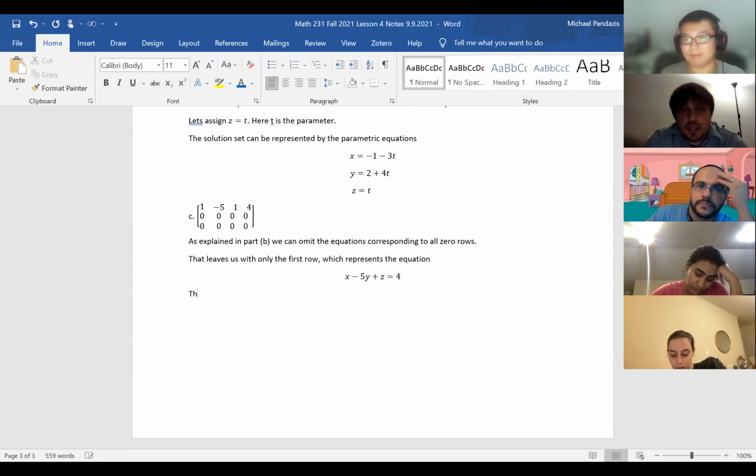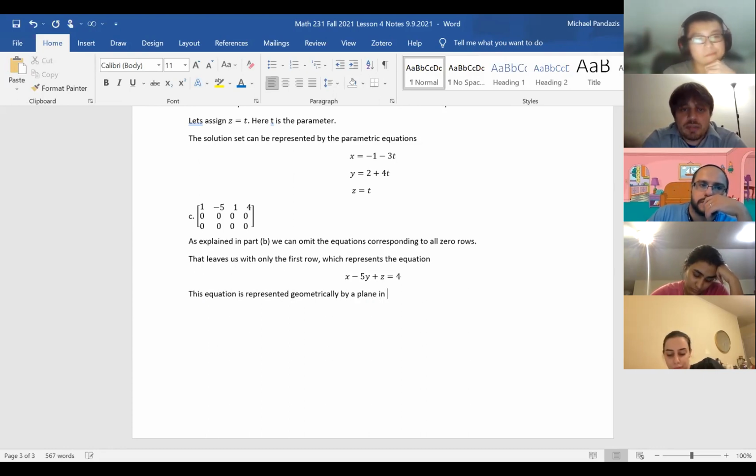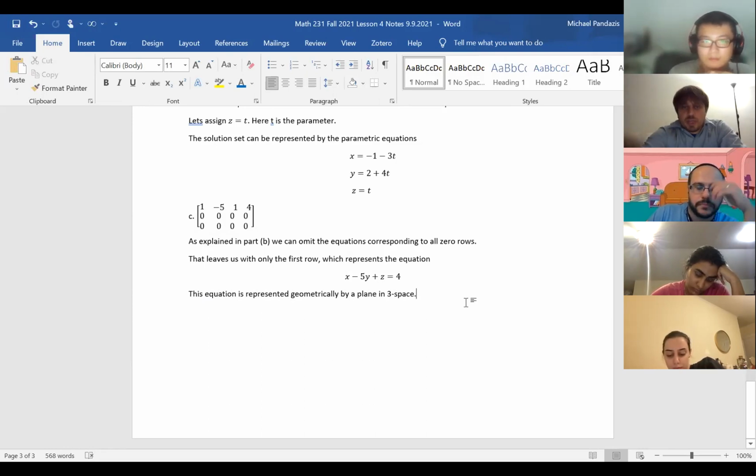Okay, and this equation is represented geometrically by a plane in 3 space. If you have 3 unknowns here, it's represented geometrically by a plane in 3 space, and we can express that using parametric equations again.